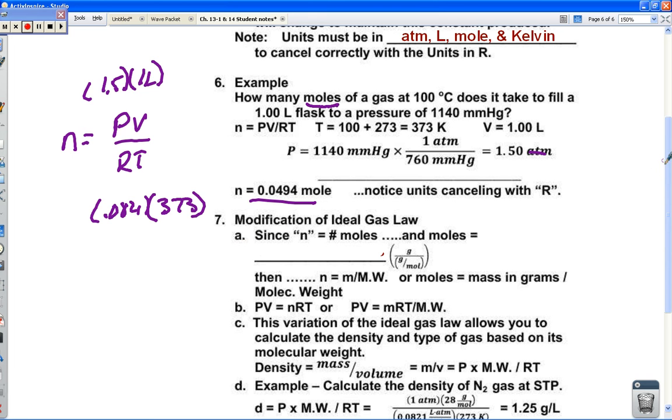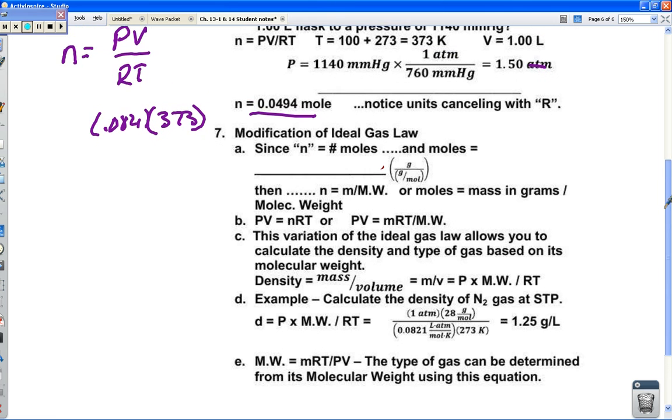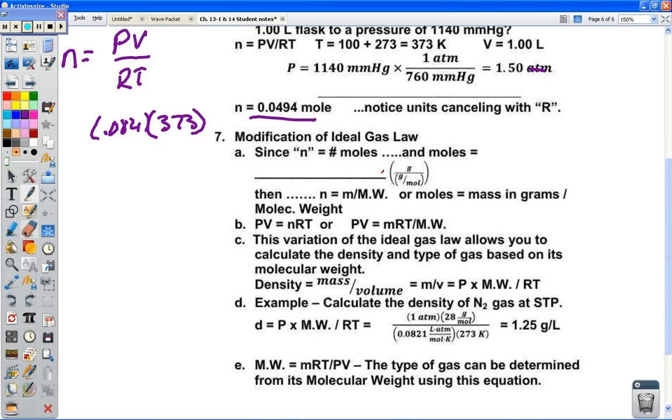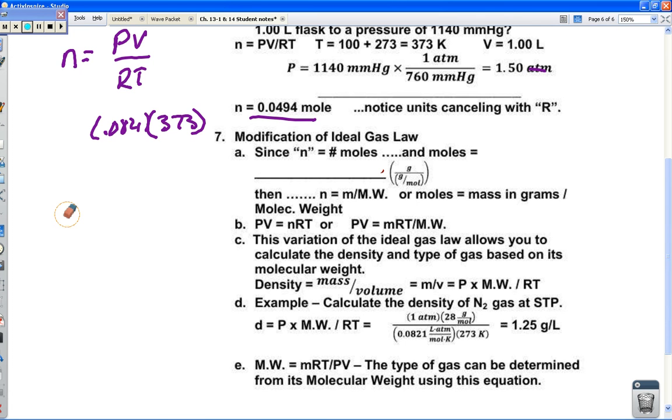This last part is a little tidbit, and it's not all that important, but it is something you might get some practice on a little later. Since N equals the number of moles, and number of moles equals the mass of what you've got divided by the molar mass of your substance, or grams over grams per mole, then N really equals the mass divided by the molar mass, or molecular weight.